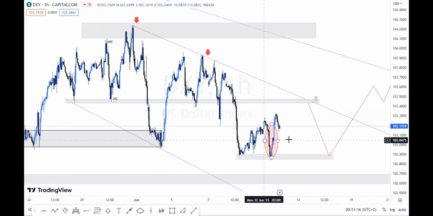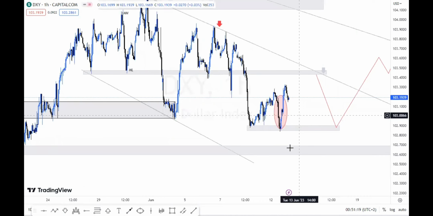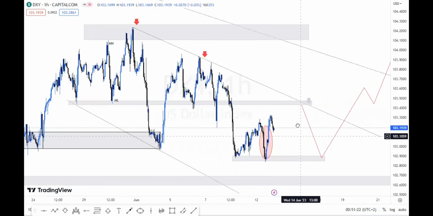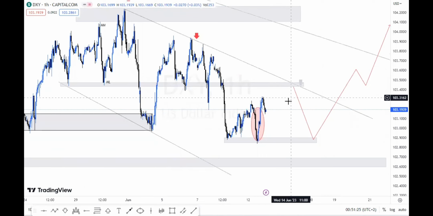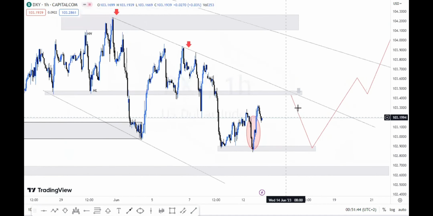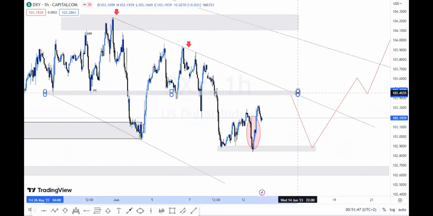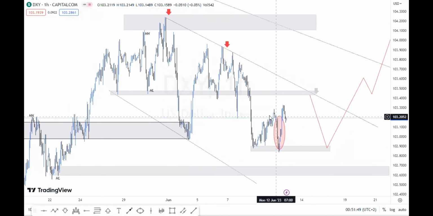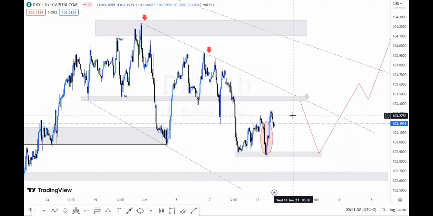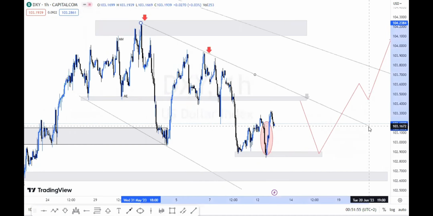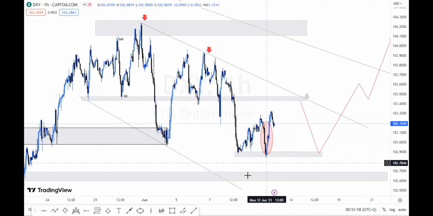I'm not gonna lie, right now I don't see what the dollar is trying to do, but I'll just watch and learn and see what the market is actually trying to do, because I've never seen this form of price action.